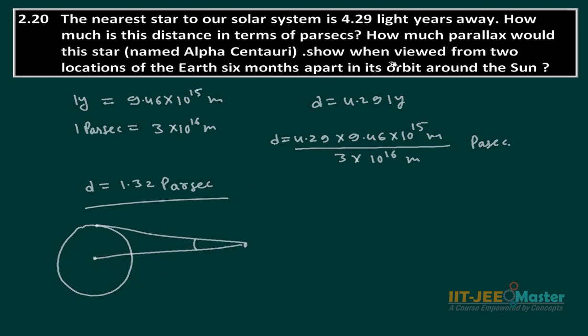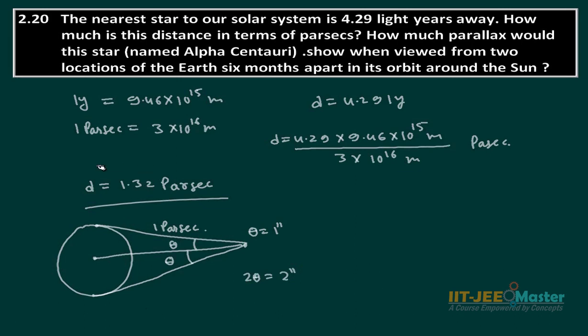But 6 months apart, it will subtend double the angle. If this is theta, this is again theta. Theta is 1 second when this distance is 1 parsec, as we saw just before this problem. And these 2 theta will be equal to 2 second.